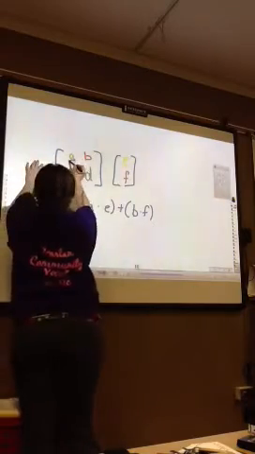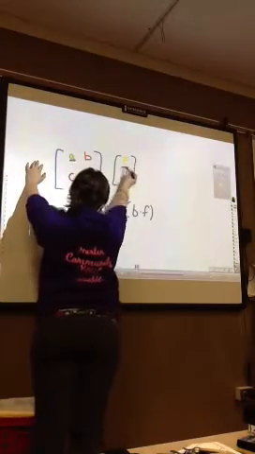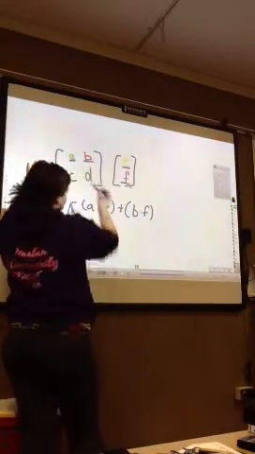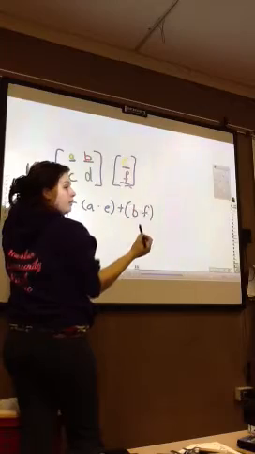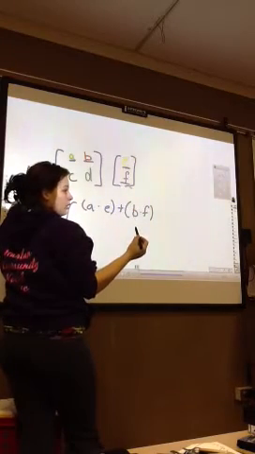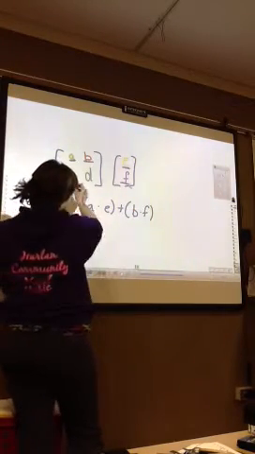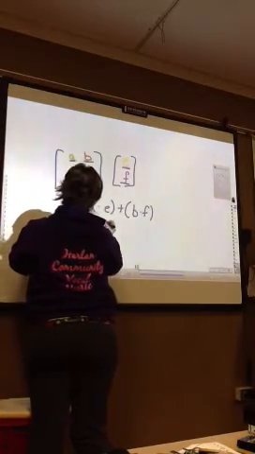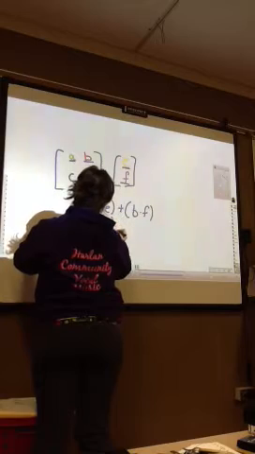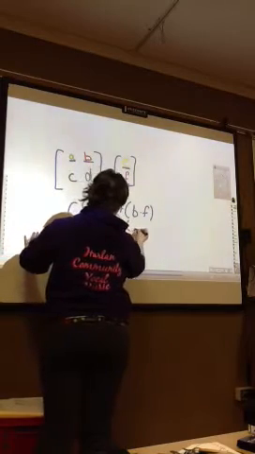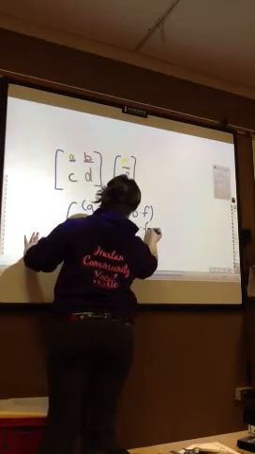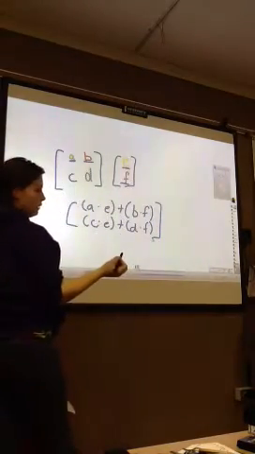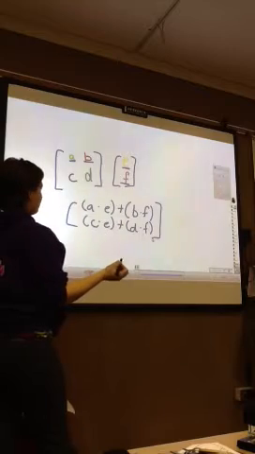So this number will go with this number, and this number will go with this number. So it's over and down. And then for this one, it's the same spot, so here would be C times E plus D times F. And that will give you your final matrix for multiplication.